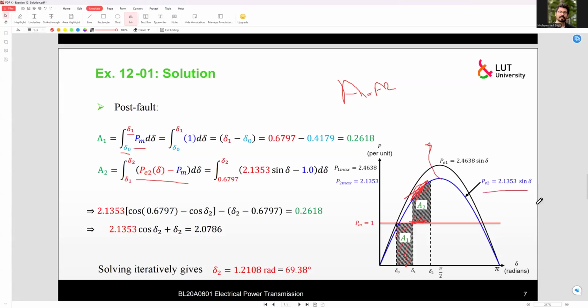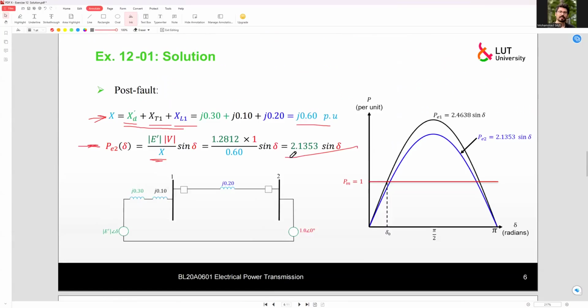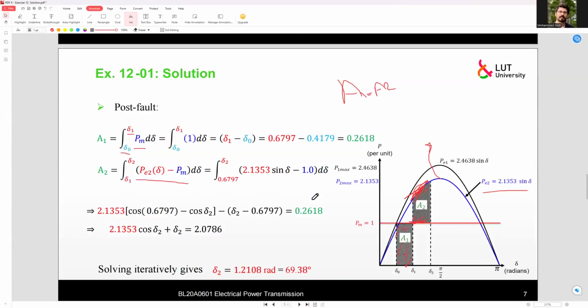So you know this from this section. Okay, so if we put A1 equal to A2, we can easily calculate the desired value for delta 2, how much our delta will be increased until we can reach the stability in the system.